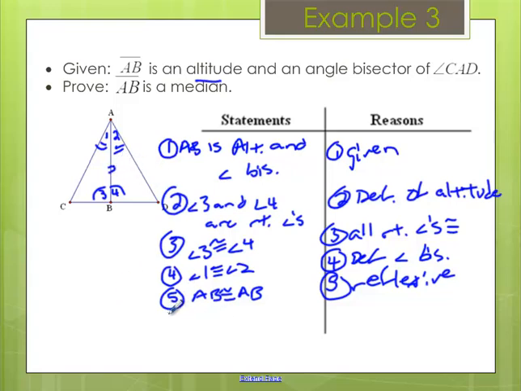Now I've got two triangles congruent because I have three things in each triangle, just like we've done all of chapter 4. So triangle CAB is congruent to triangle DAB, and that is by angle side angle.